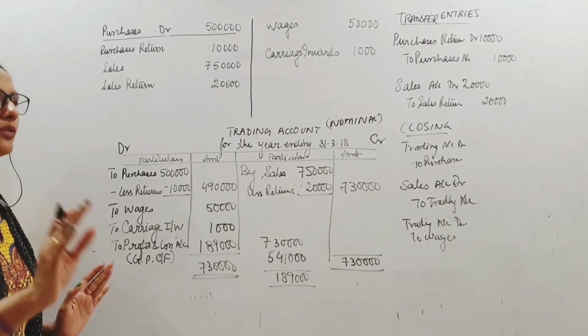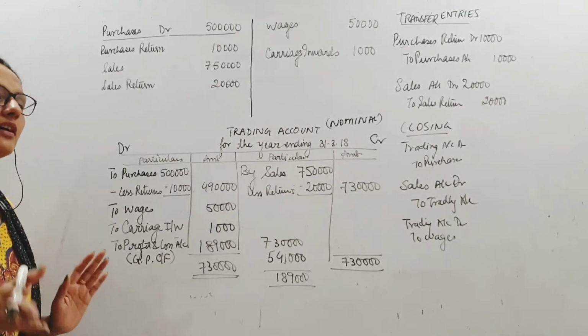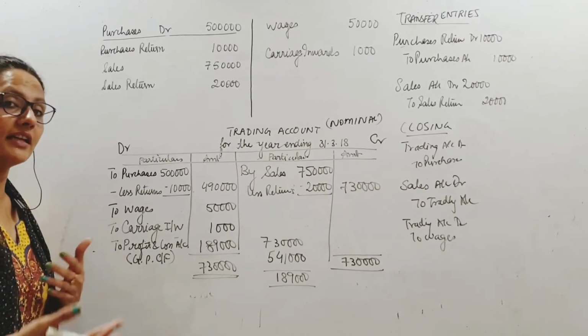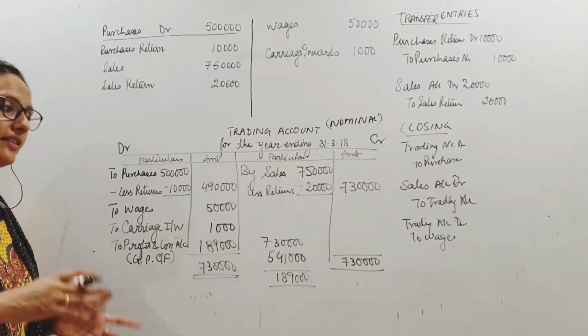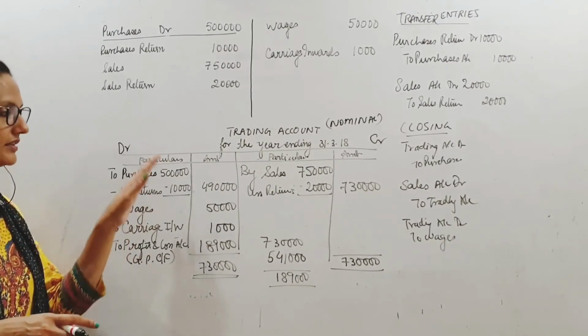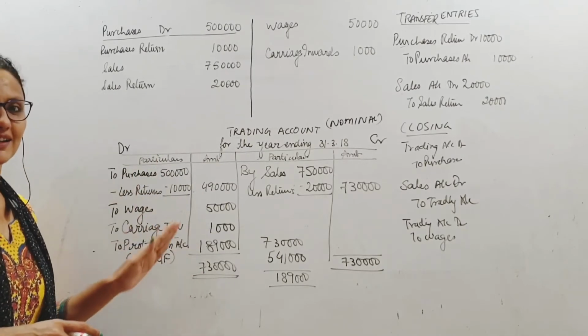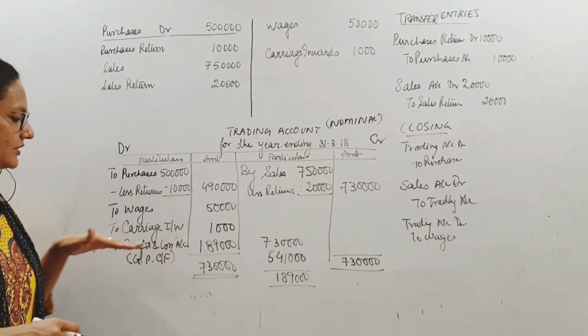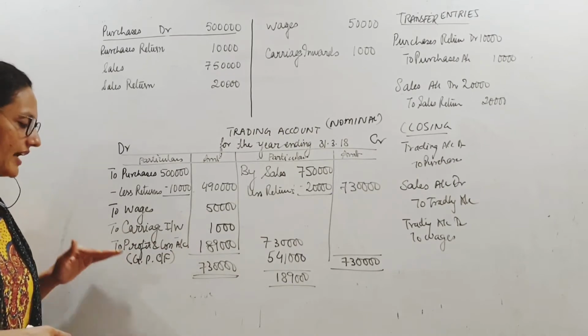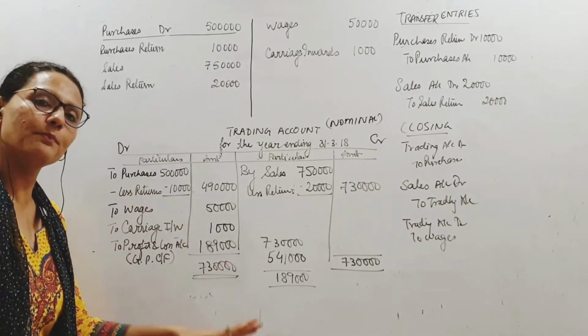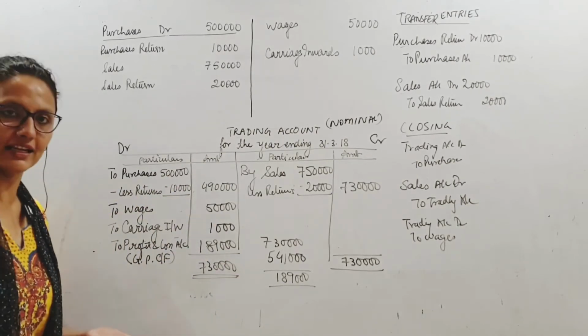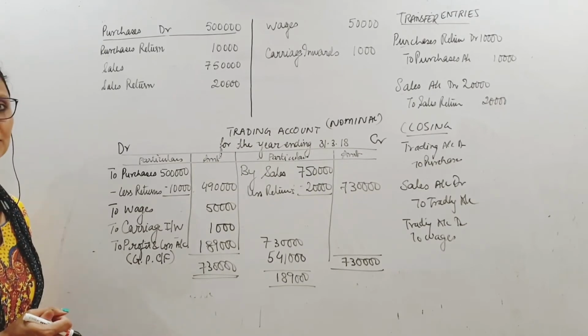After this I also have certain indirect income, that will also be added. We have certain indirect expenses, we subtract that and then we'll arrive at the net profit. This is step 1. Trading account is step 1. Whatever is the result here, I transfer that to the profit and loss account, which is the next segment in our final accounts.